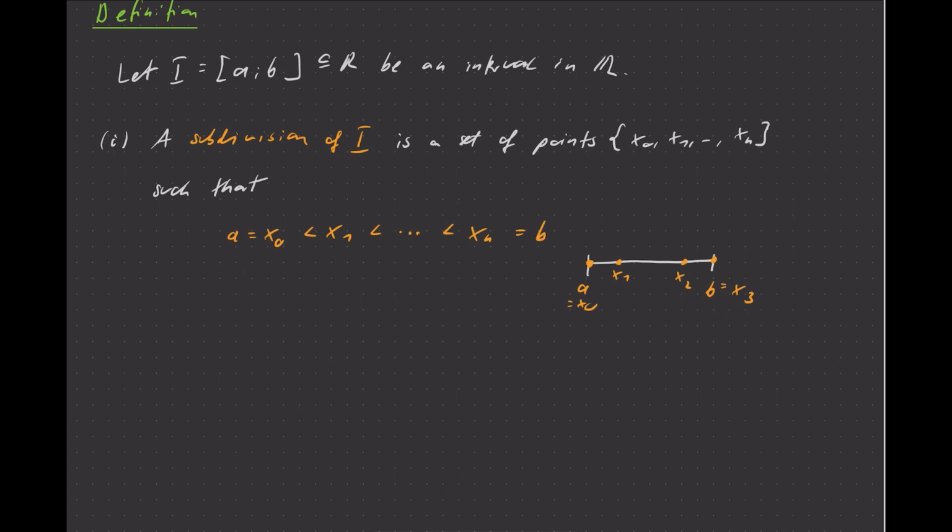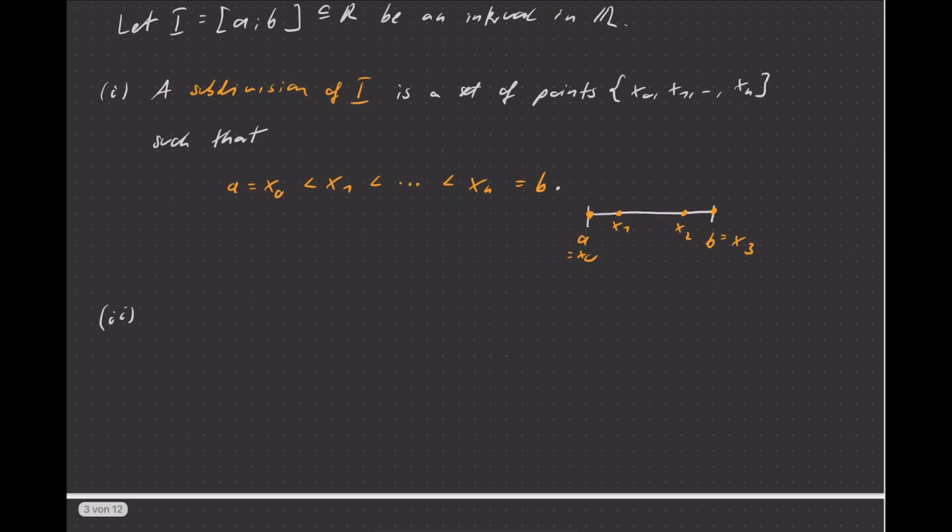Yeah, so they all need to be different. That's what we call a subdivision. And of course, once we have a subdivision like that, it's easy to define a step function. A step function corresponds to such a subdivision and assumes constant values on each interval given by that subdivision.